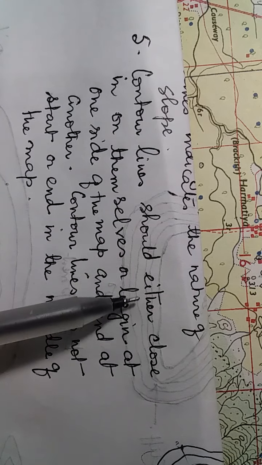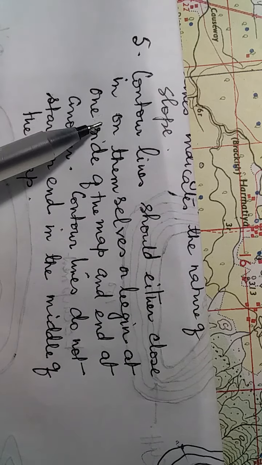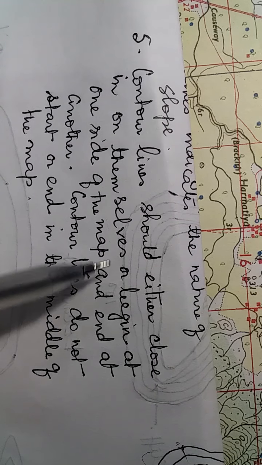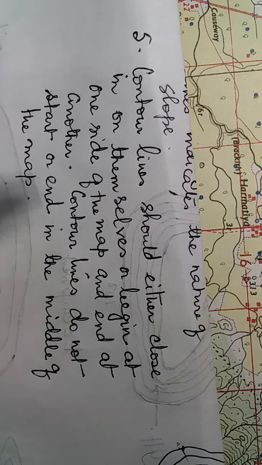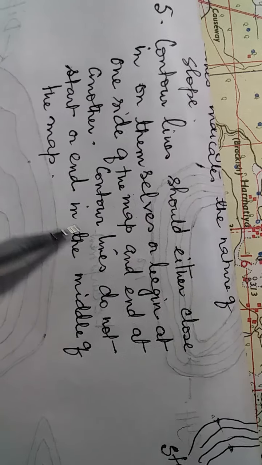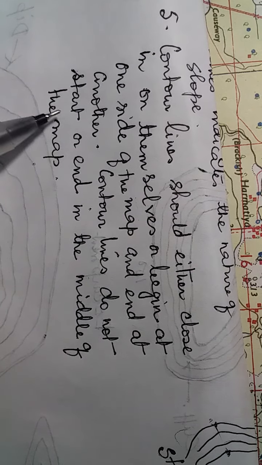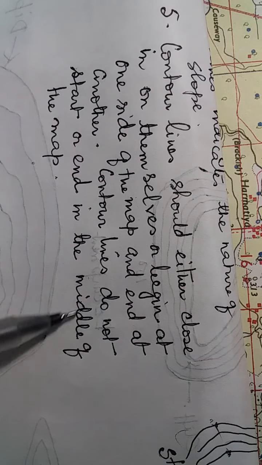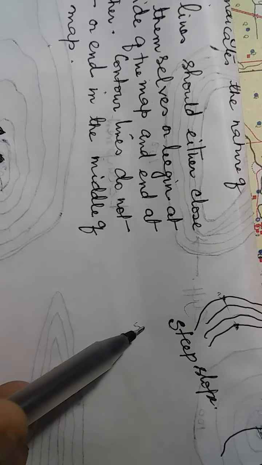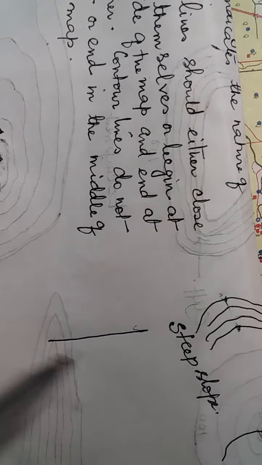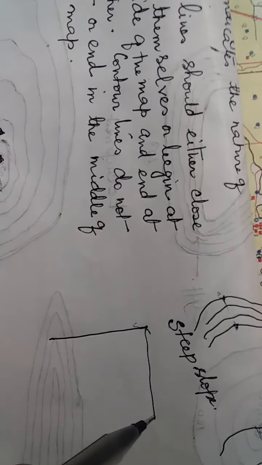We take the fifth rule. Contour lines should either close in on themselves or begin at one side of the map and end at another. Contour lines do not start or end in the middle of the map.